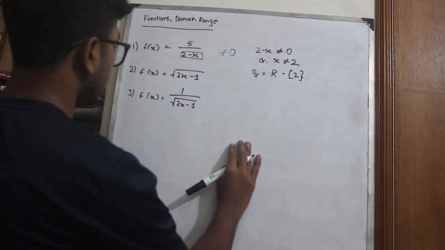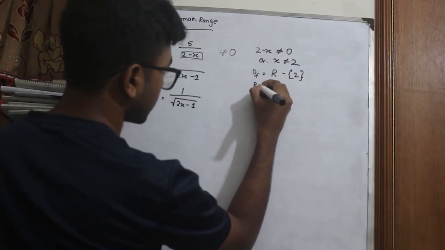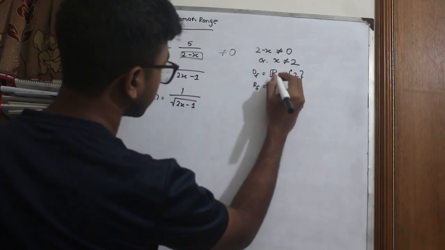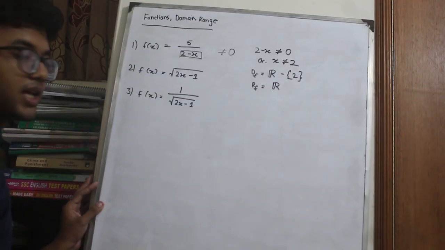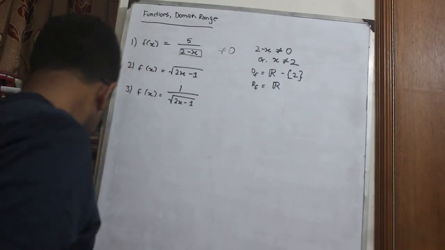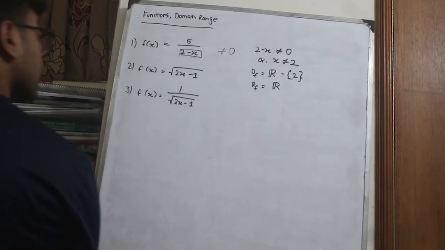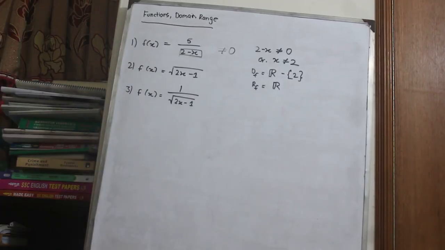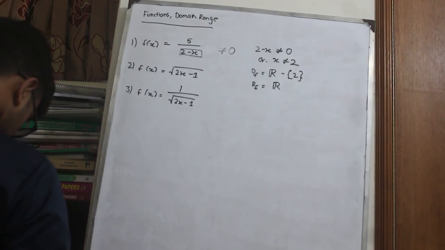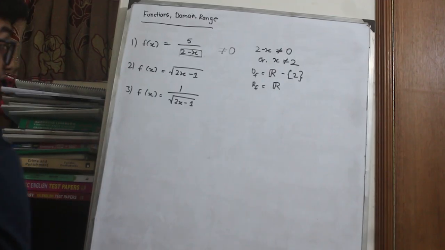And the range can be all real numbers. R f is all real numbers. Why? Because any single value can come from this, except for 0.